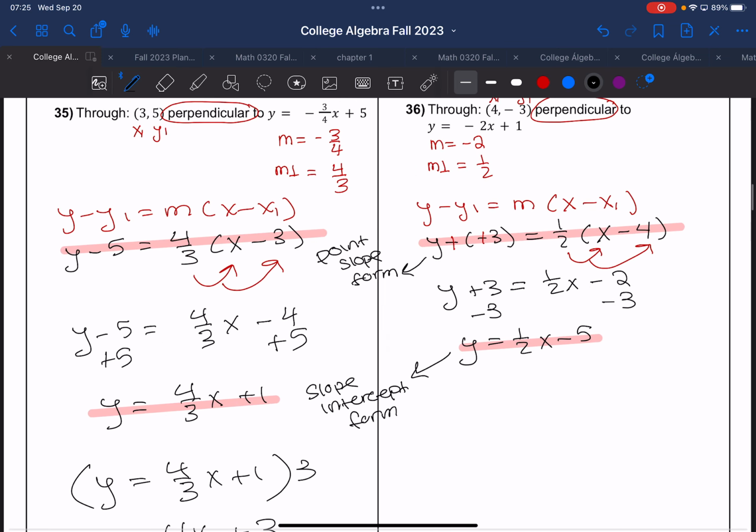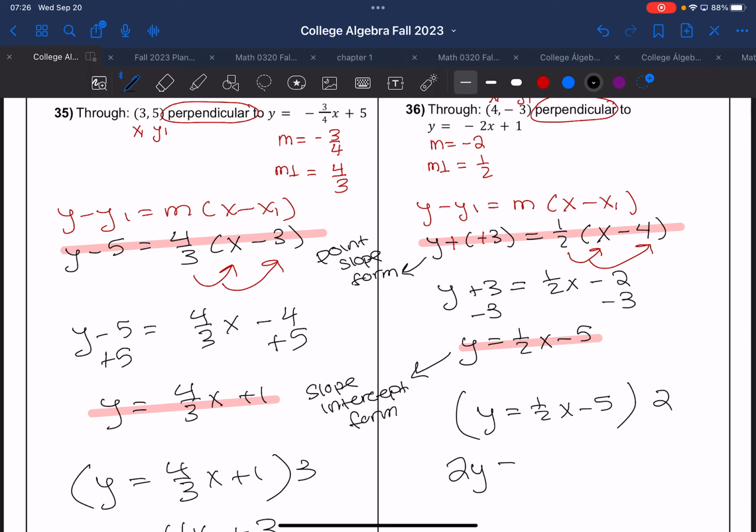And then before I turn it into standard, I got to get rid of the fractions. So what am I multiplying the entire equation by? 2. Why 2? It's the only denominator there. So distributing that 2 in, I get 2 times y, which is 2y. What's 1/2 times 2? 1, but do I need to write a 1 in front of the x?